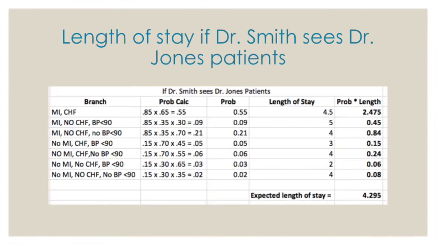So next we're going to try and answer how long the expected length of stay would be if Dr. Smith sees the patients of Dr. Jones. We're actually going to do that by taking the probability calculations of Dr. Jones and pairing them with the length of stay of Dr. Smith. So you can see that in this chart. You should find that the expected length of stay if Dr. Smith were to see the patients of Dr. Jones to be 4.295 days.